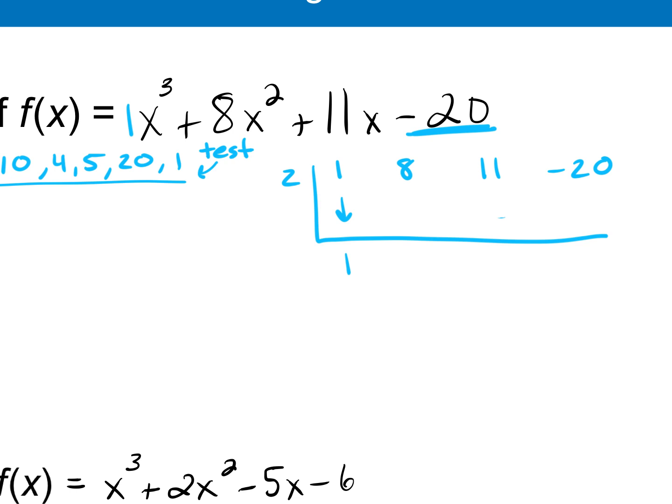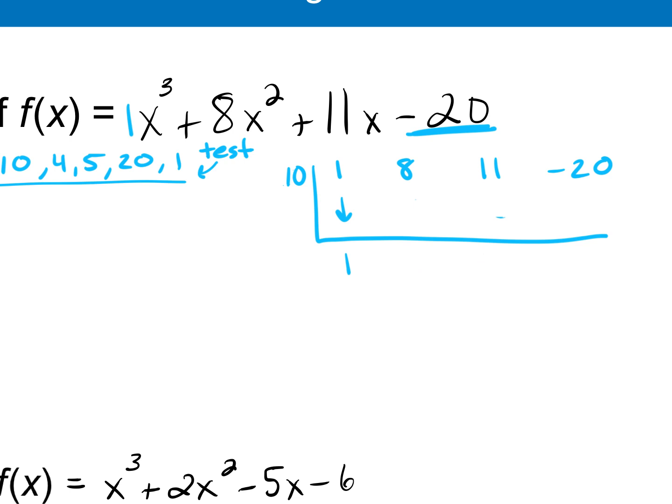So you just have to keep trying possible numbers. What do you want to try next? Sure, let's try 10. You can try any one of your options. Multiply, we get 10, add 18, multiply 180, add 191. Do I need to keep going? No, it's not going to work.